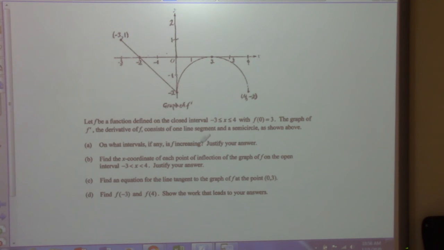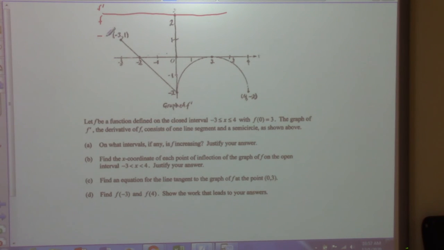And so A: on what intervals, if any, is f increasing? Remember, you can draw a number line. You can make a number line above here, so you can put f prime and f here.